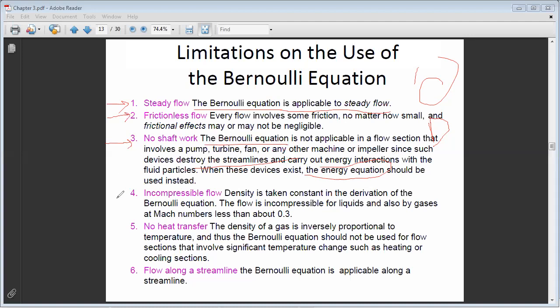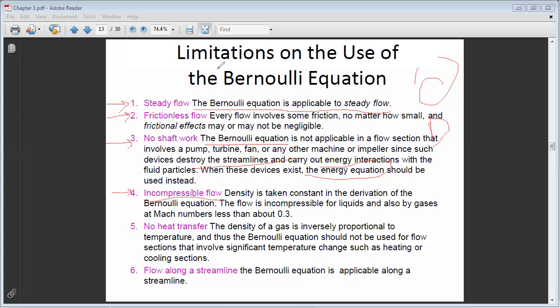Another condition is the incompressible flow condition. As I told you already, you should use the general Bernoulli equation if you have a compressible flow. So to use the common Bernoulli equation, you should have incompressible flow, rho should be constant. Now you know that for the issue of compressibility, some gases can be treated as incompressible. How to know in which case we can make the incompressible assumption?